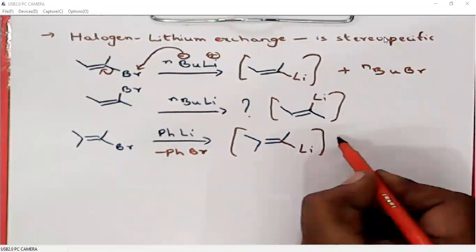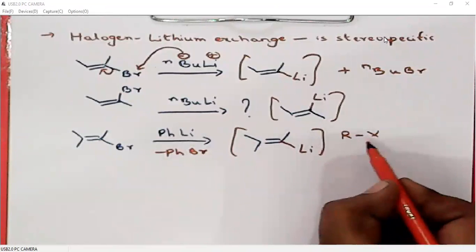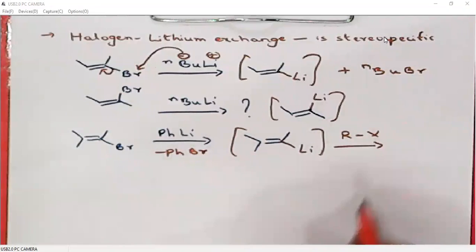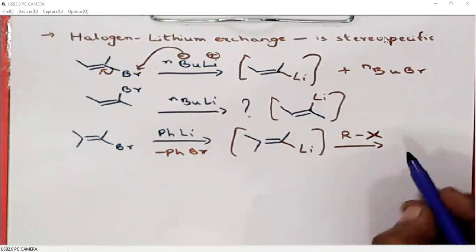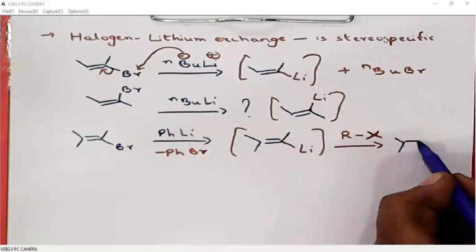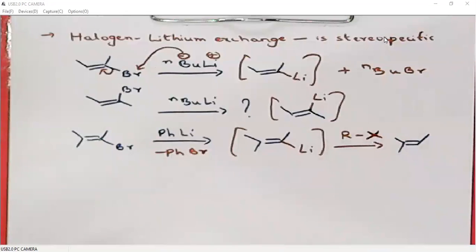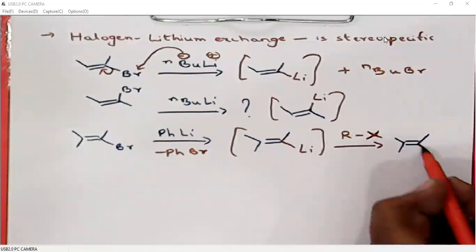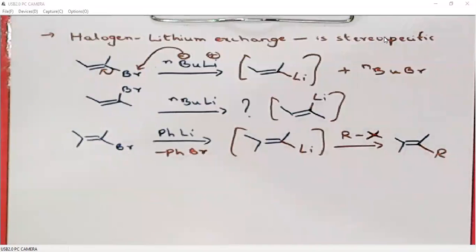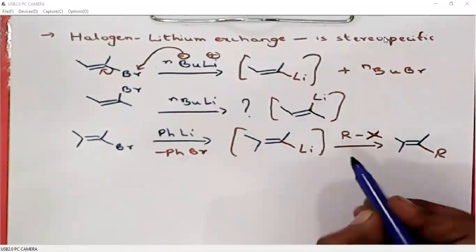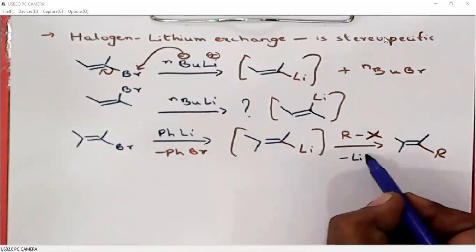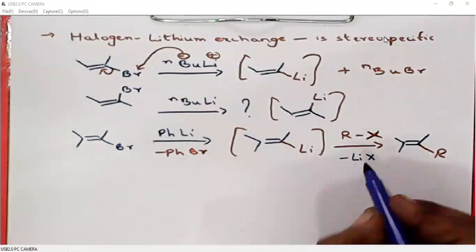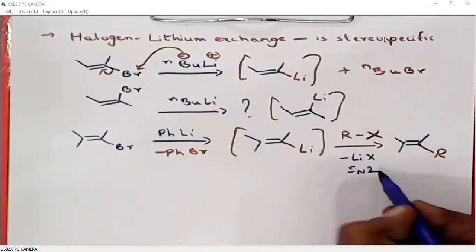For example, when we add an alkyl halide, this molecule will undergo nucleophilic substitution. Generally, it is an SN2 reaction.